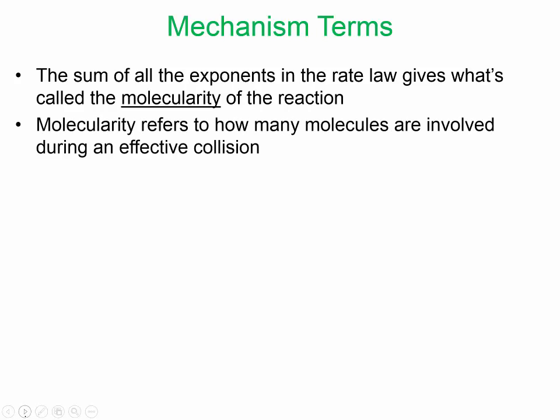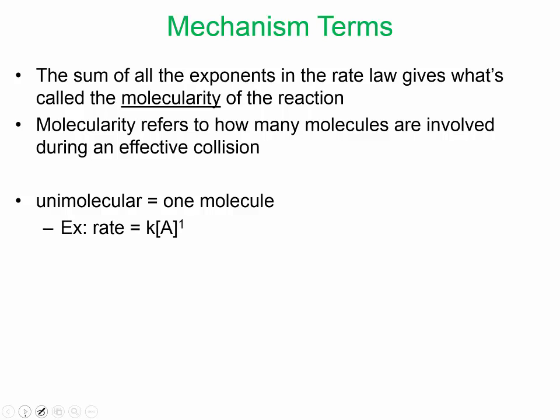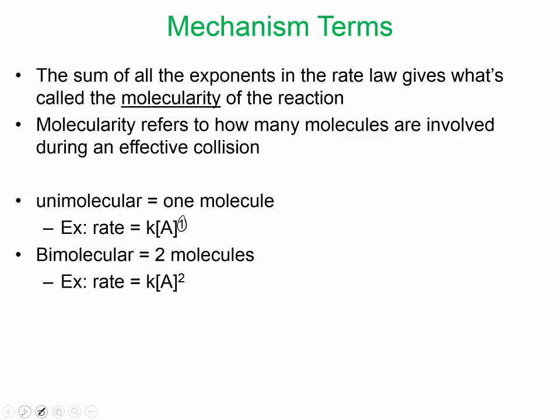So here are a couple of examples. Like I just said, molecularity refers to how many molecules are involved during an effective collision. Unimolecular is one molecule, so if your rate law equals this and you just have one, then it's called unimolecular. If you have a bimolecular reaction, 2 molecules are involved, and this is an example, and this is another example.